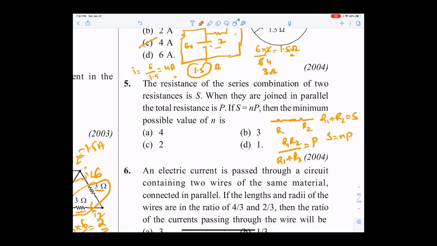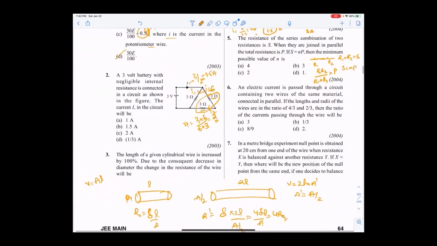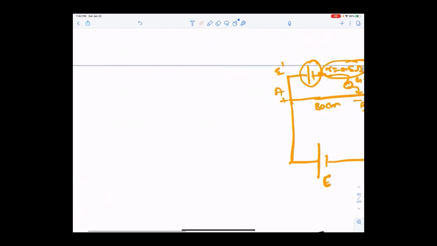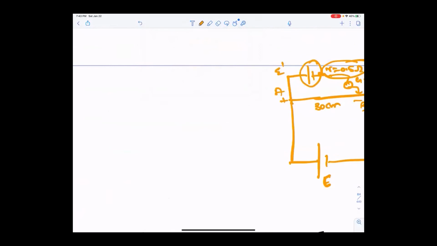So we have to simplify this to R1, R2. R1 plus R2 is equal to N times R1 R2 by R1 plus R2. When we want things to be minimum, we take the equal cases, like if you have 3 ohms and 4 ohms, there are different values.